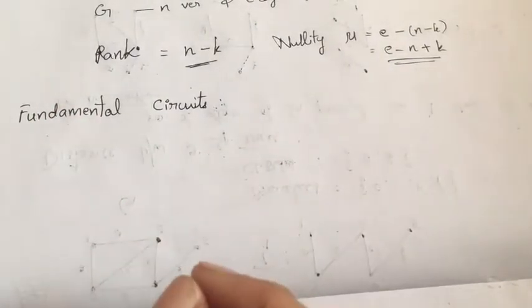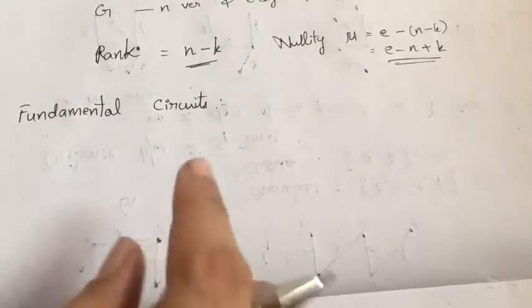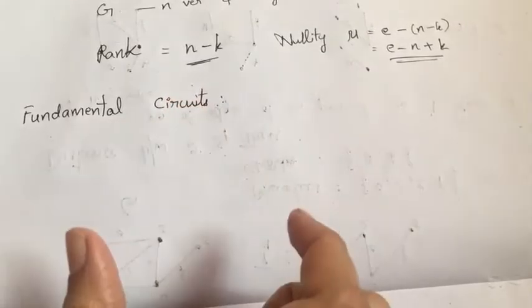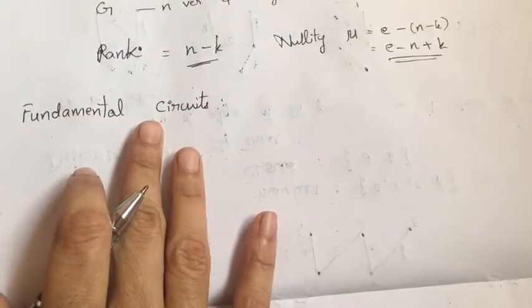Chord means it's an edge in G which is not in the given spanning tree. Okay. So for the spanning tree, I am adding one chord so that it will form a circuit, and that circuit is nothing but the fundamental circuit.